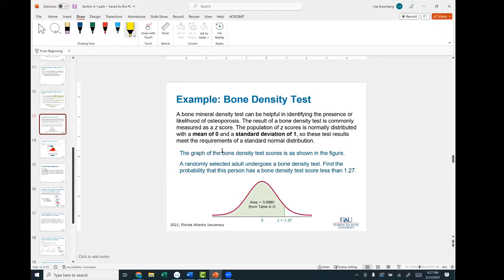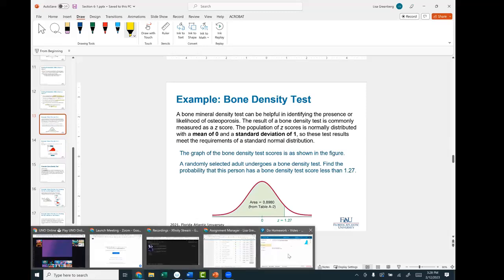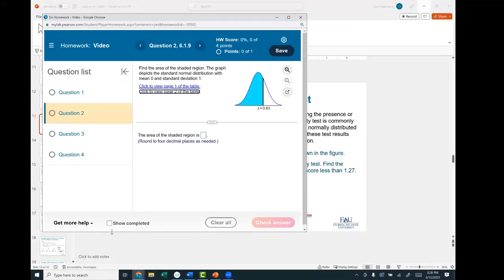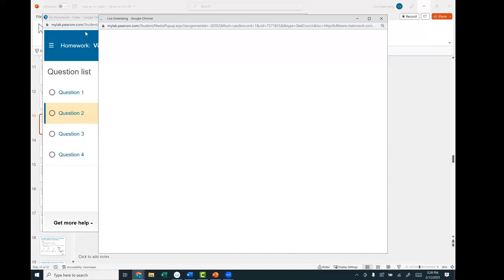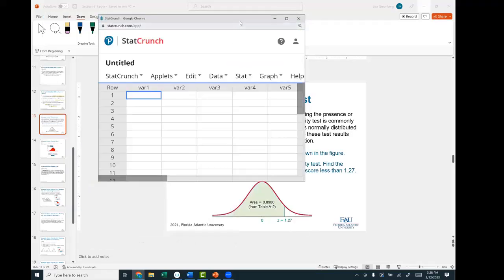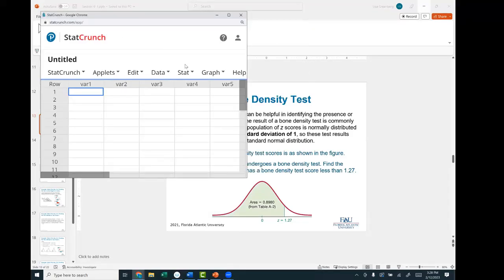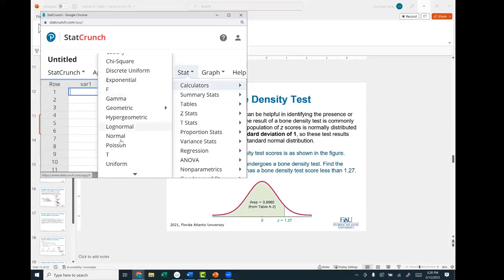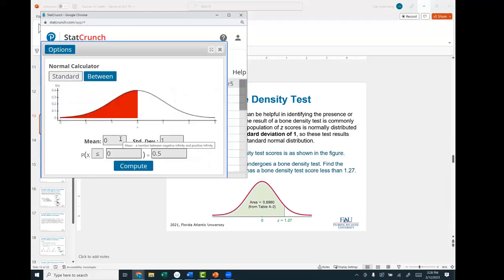So we've already seen how to use the table. Let's see how to use StatCrunch. All right, so I am going to come here and I'm just going to open StatCrunch. I want to hit Stat, Calculators, Normal, because we have a normal distribution.